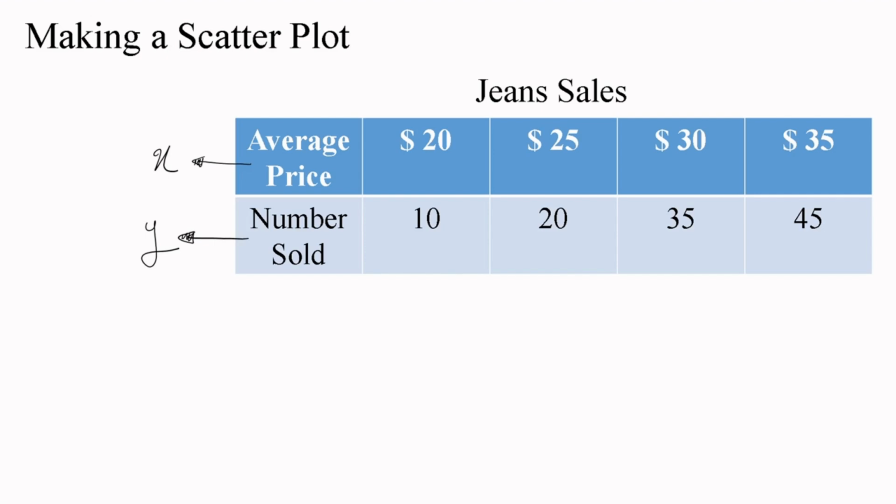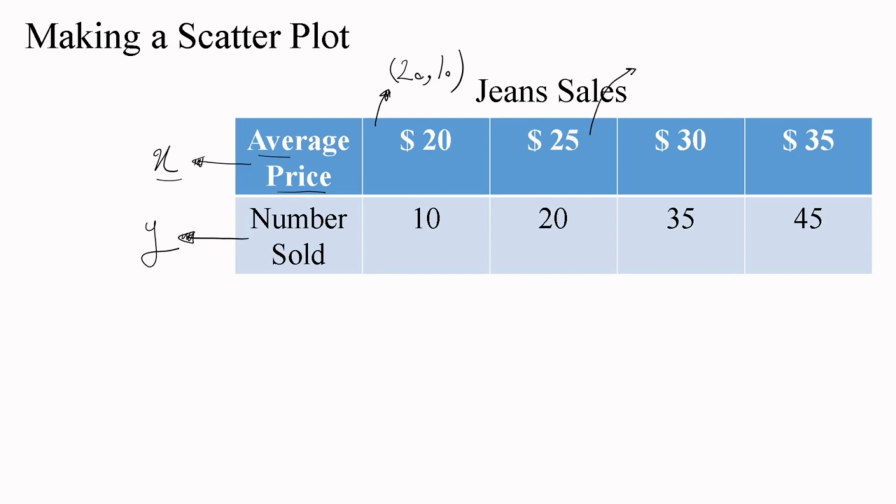Okay, I told you before I must consider them as ordered pairs. How am I supposed to do that? Each column is an ordered pair, and average price, as you can see, is related to the x coordinate. So for the first column I'm going to have (20, 10).